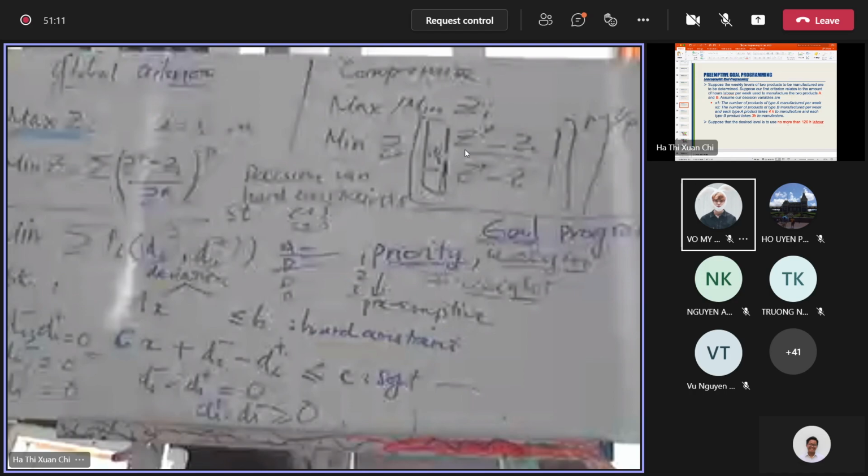Here we have hours, no more than. And the profits: when they sell one product, they get 115.